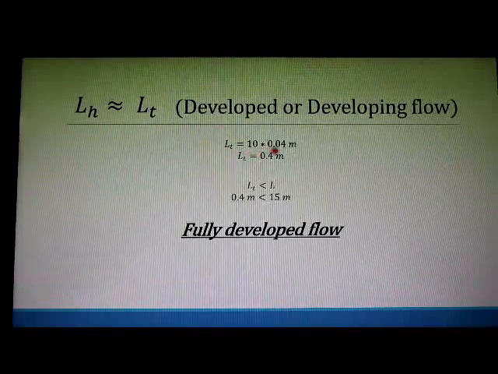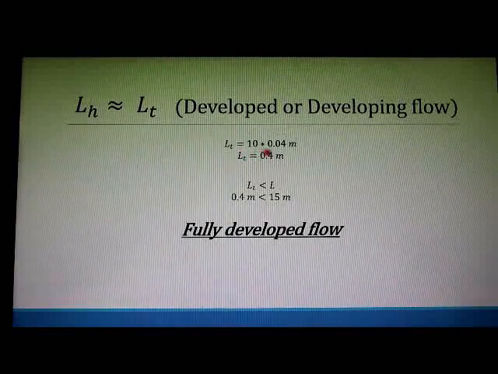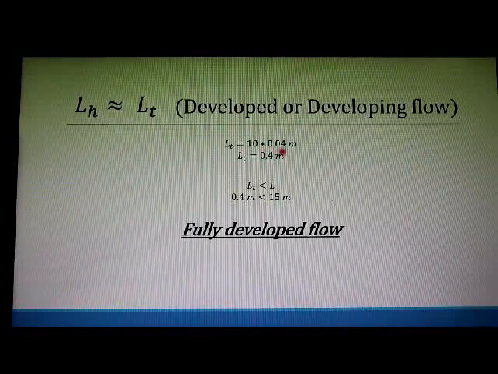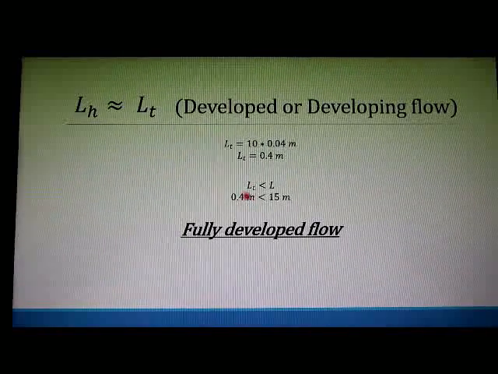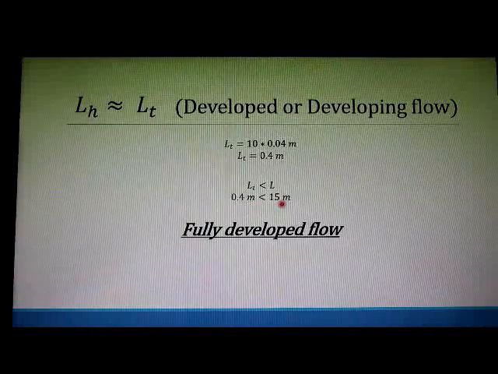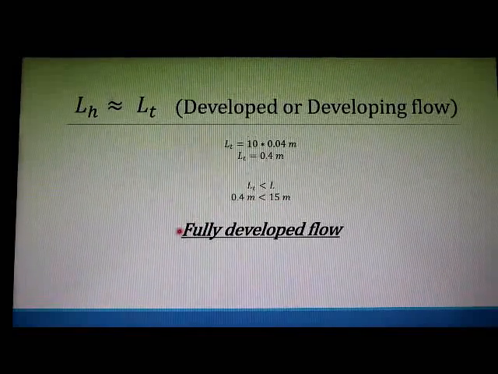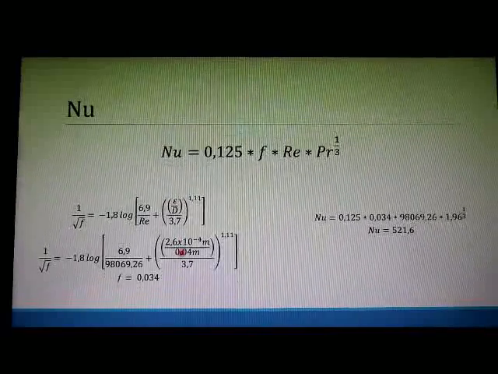We have here the equation, that length is 10 times the diameter. This is the diameter, and here we have the relation. This length is smaller than the length that we have in the pipe, meaning that we have a fully developed flow.